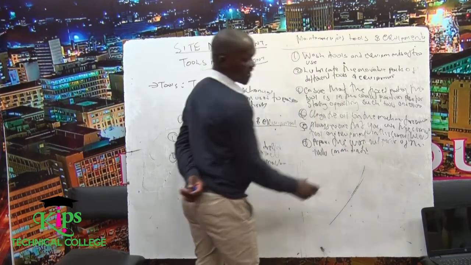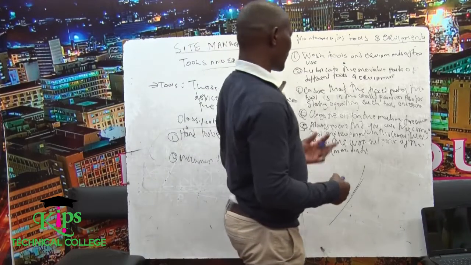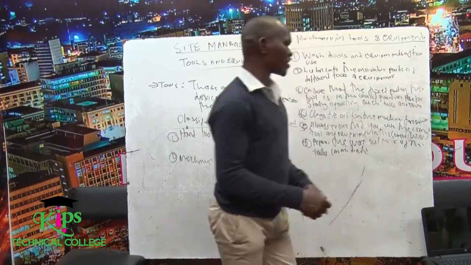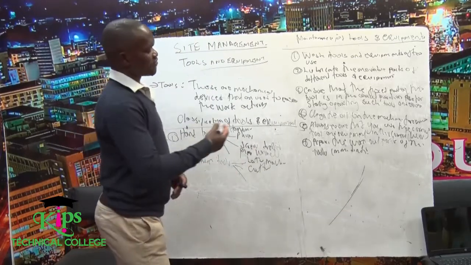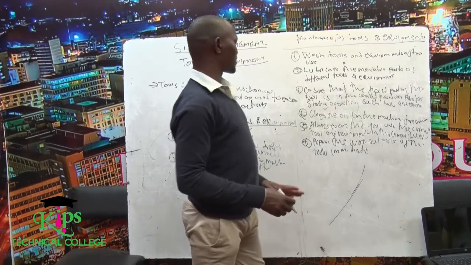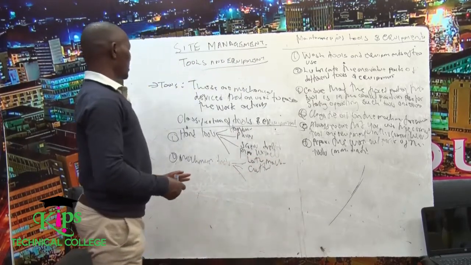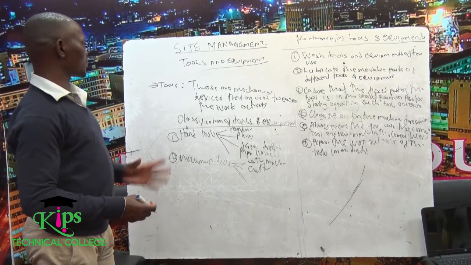So if you find there's any part of the machine that is loosened or that needs to be repaired, then always repair it immediately. Don't wait for such part to be more loosened before you repair it. So from there we'll now mark our first topic in the topic of tools and equipment.